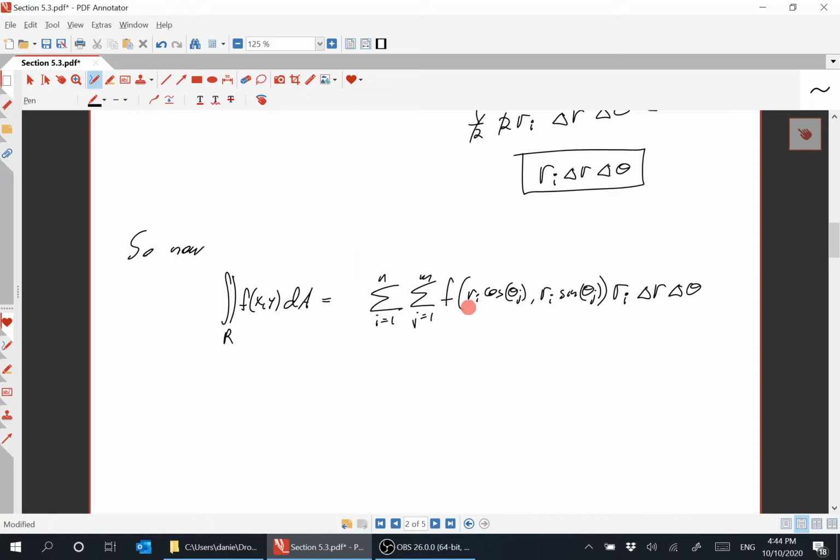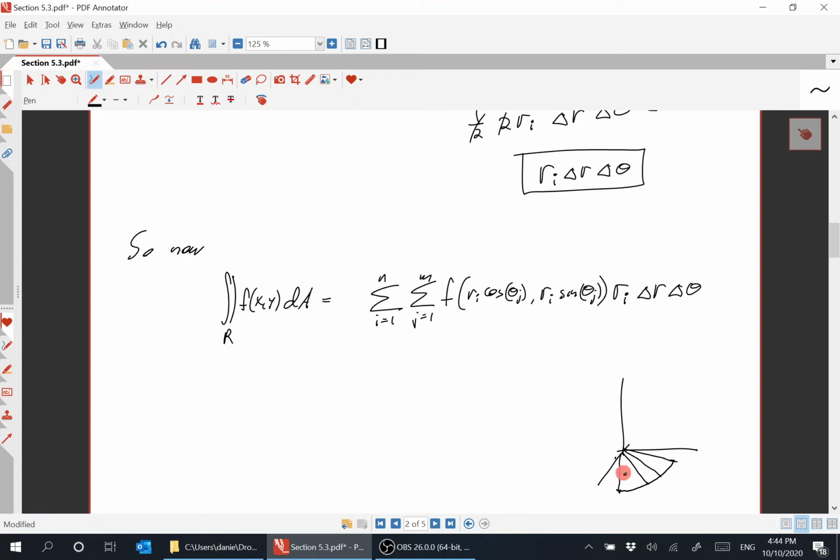So instead of using rectangular boxes to estimate a double integral, we're using these polar rectangles.